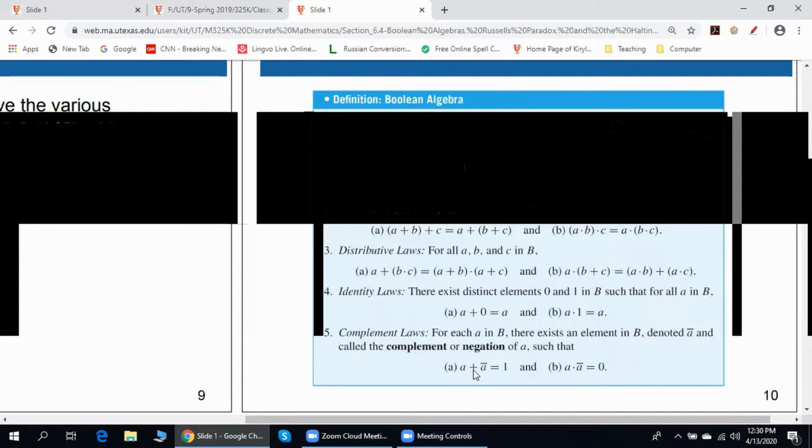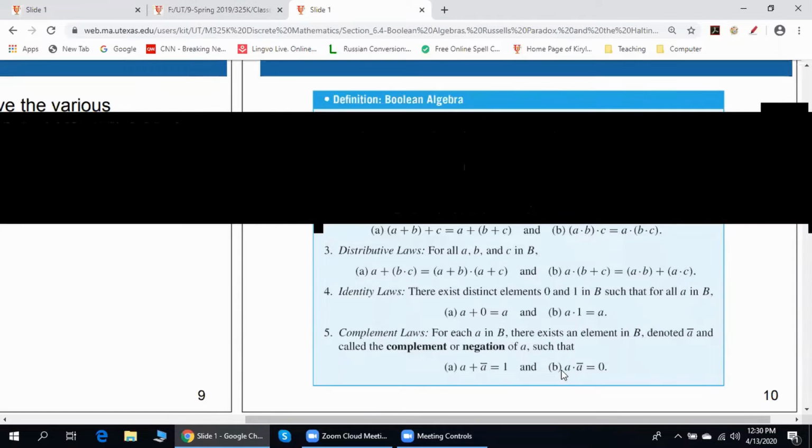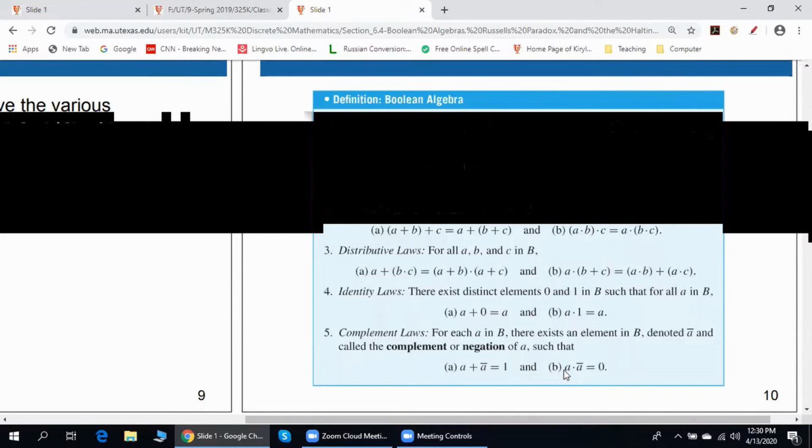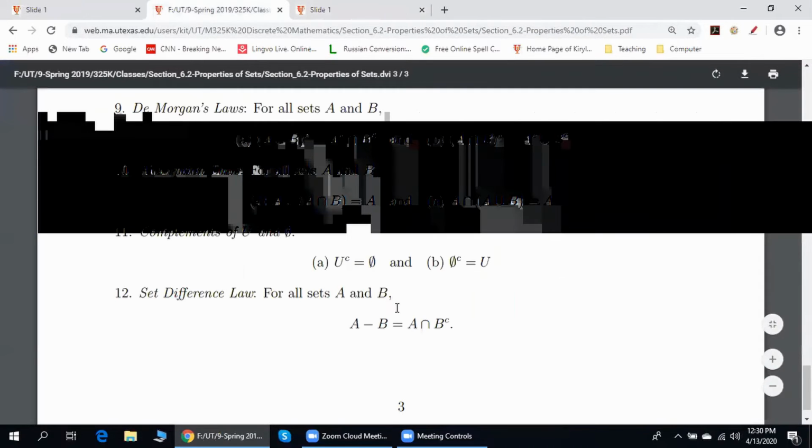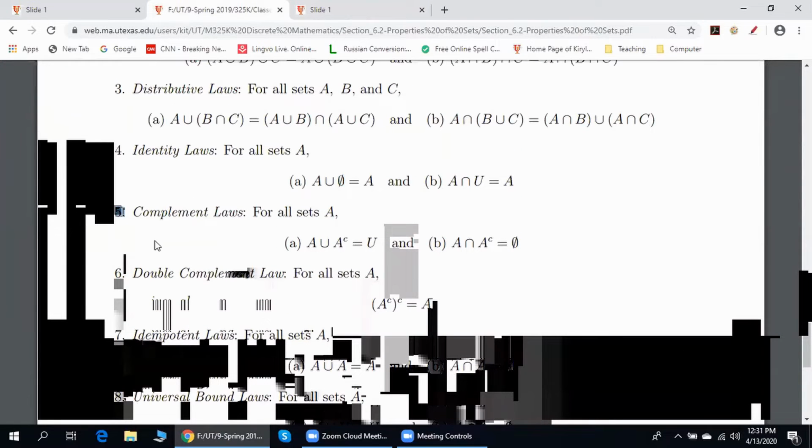A union A complement is equal to the universal set. 5B: the intersection of A and A complement is the null set. It's exactly what we see here. Number 5. A union A complement is universal. A intersection A complement is the empty set.